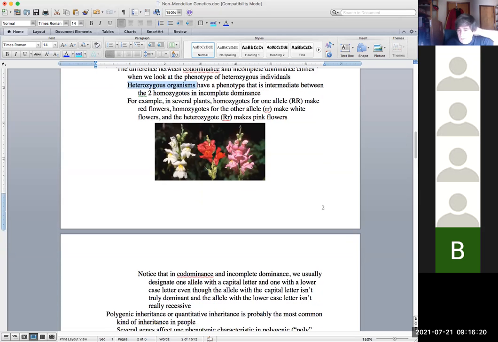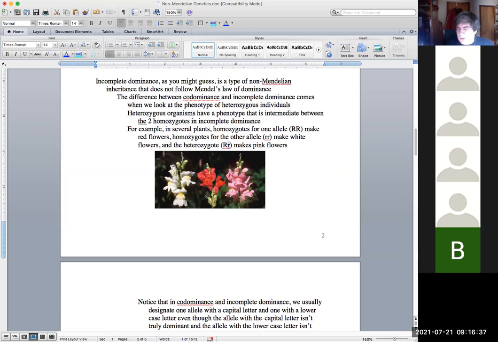Now, keep in mind with both of these, if you think about our usual rules, normally the capital letter indicates the dominant allele, and the lowercase letter indicates the recessive allele. And notice for incomplete dominance, we still use big R, usually to designate red, little r to designate white.